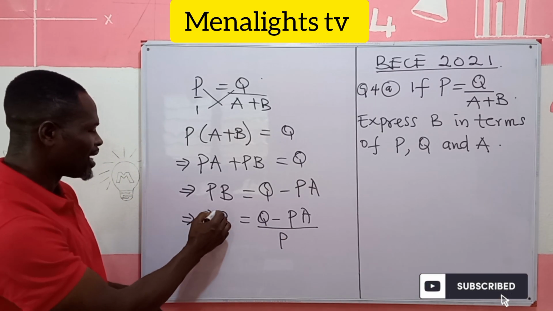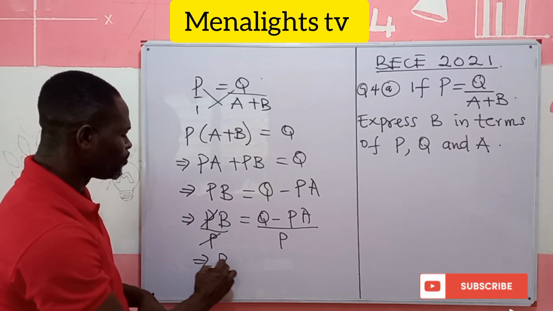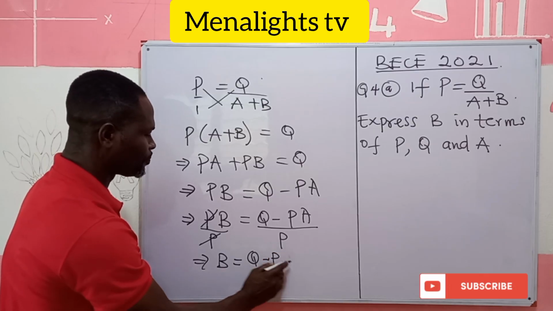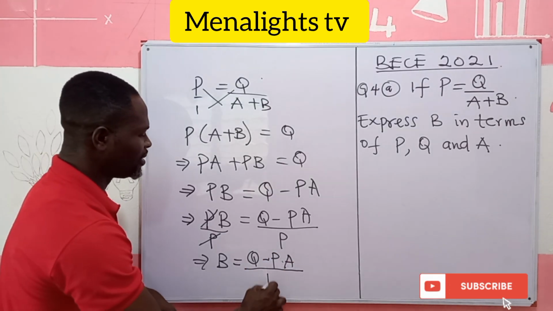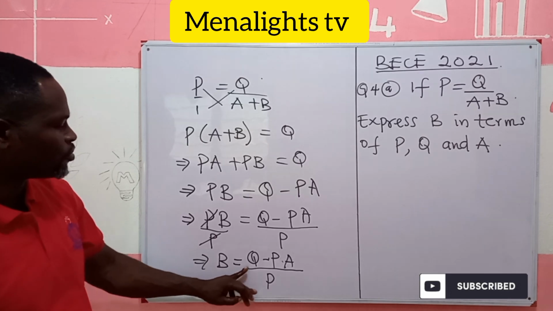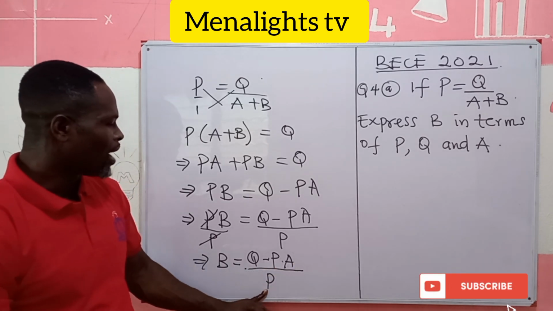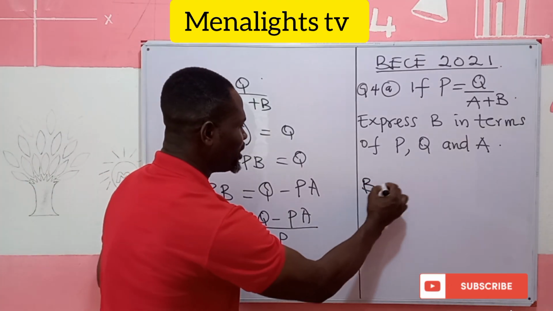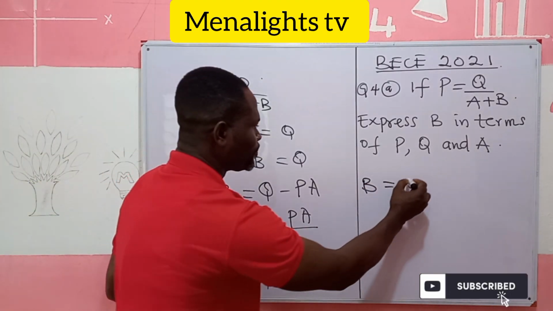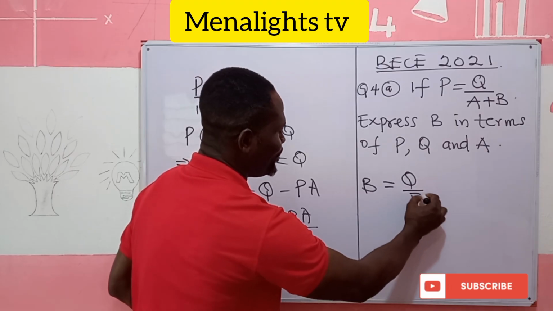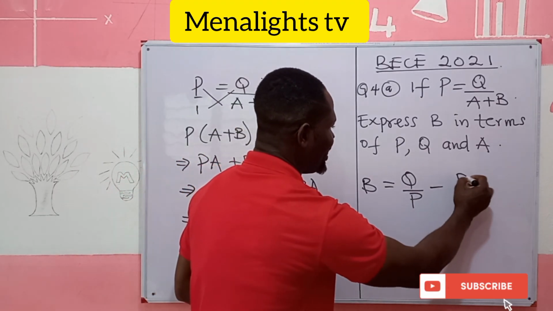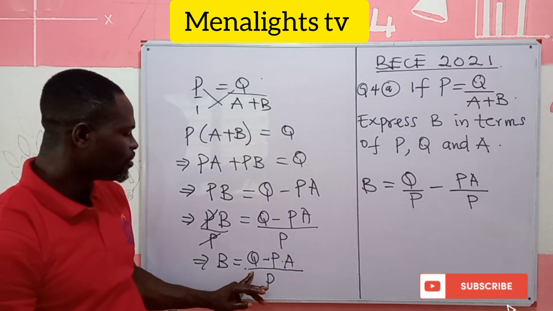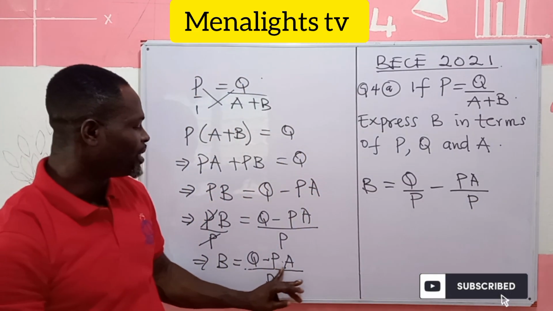So here the P will cancel P. Then we have our B, which is equal to Q minus PA over P. We can rewrite this as B equal to Q over P minus PA all over P, because this P will divide Q and divide PA as well.